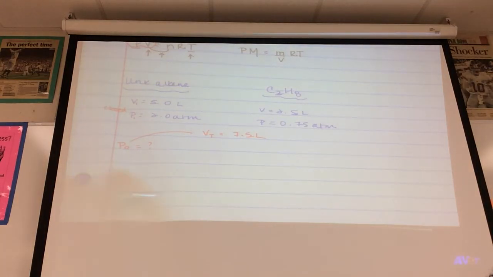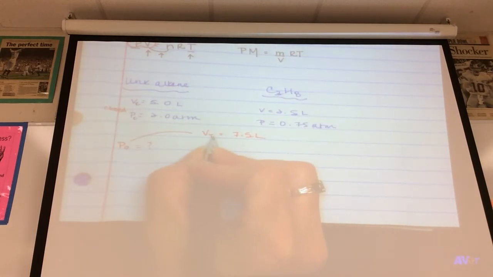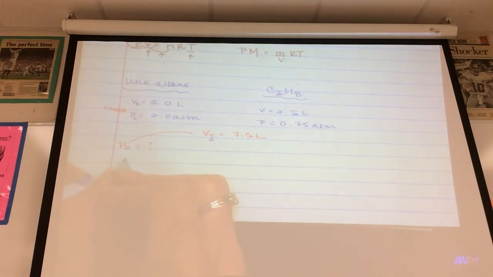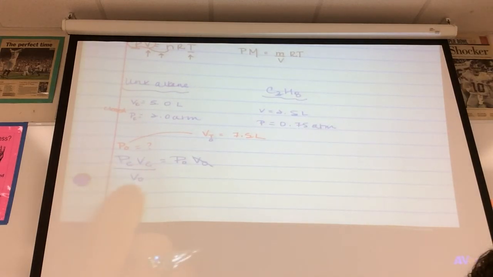So instead of P1 and P2, you've got pressure in the closed times volume in the closed is equal to pressure in the open times volume in the open. And to solve for pressure in the open position, you're just going to divide that product by volume in the open position.